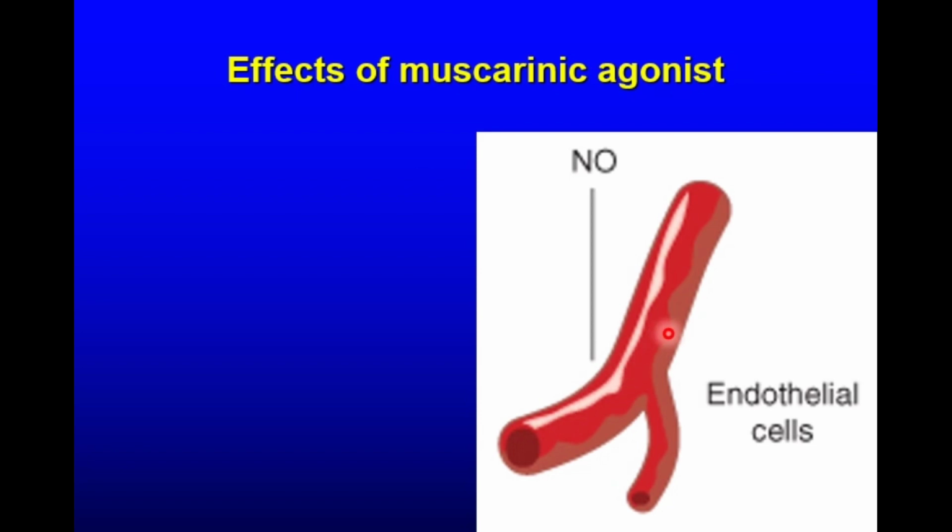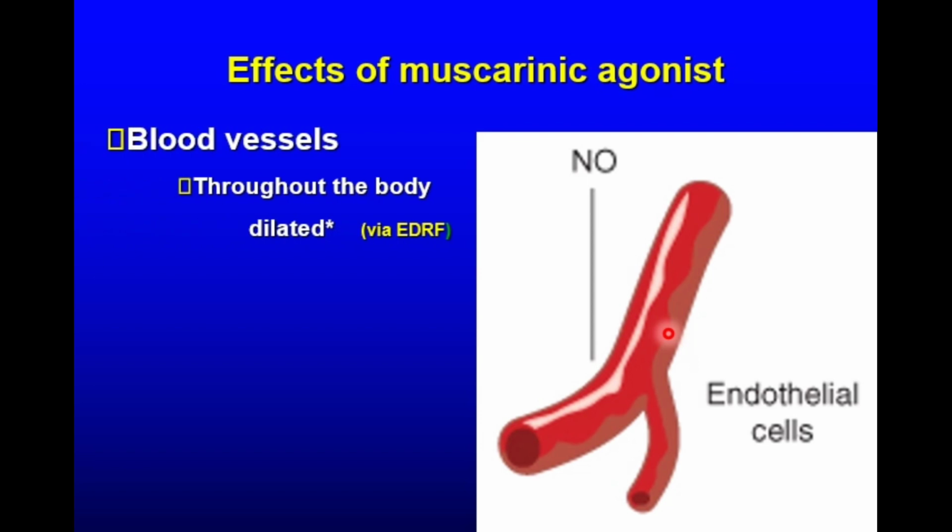However, muscarinic receptors are found on the endothelium of blood vessels. Activation of muscarinic receptors by exogenous agonists would result in release of EDRF and vasodilatation.